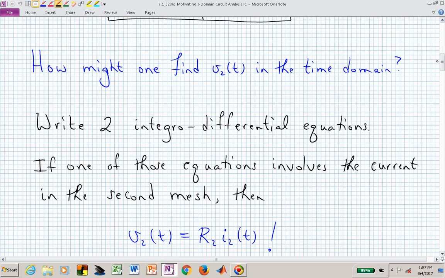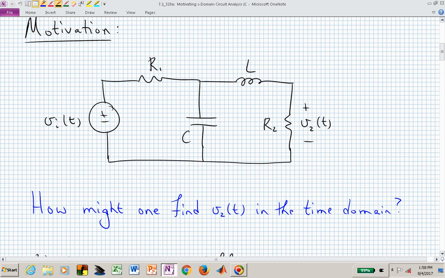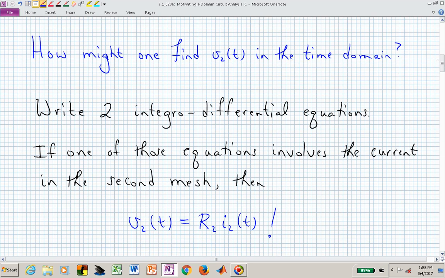If we had to do it the other way, we would write two integral differential equations, and if we had some mesh analysis, say here's I sub 1 of t, here's I sub 2 of t, and we could find I sub 2 of t as a function of time, then we could immediately write down the voltage across that second resistor, since R sub 2 just scales that second mesh current I sub 2 by its numerical value.